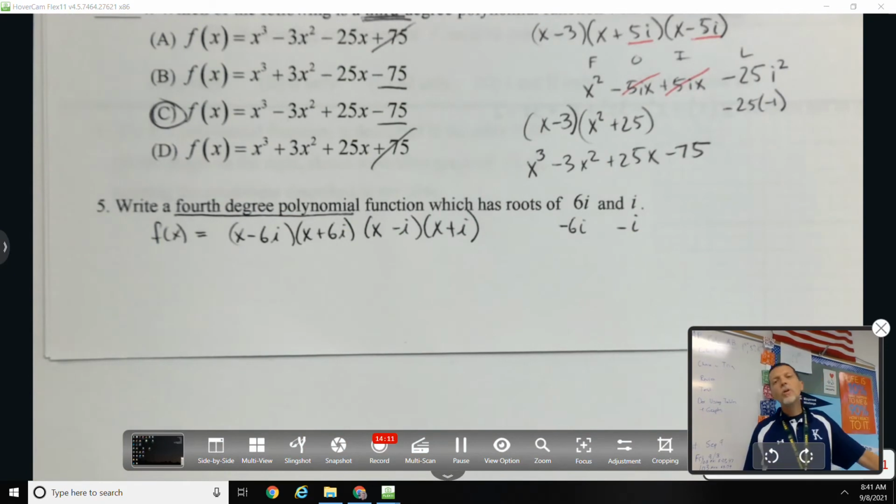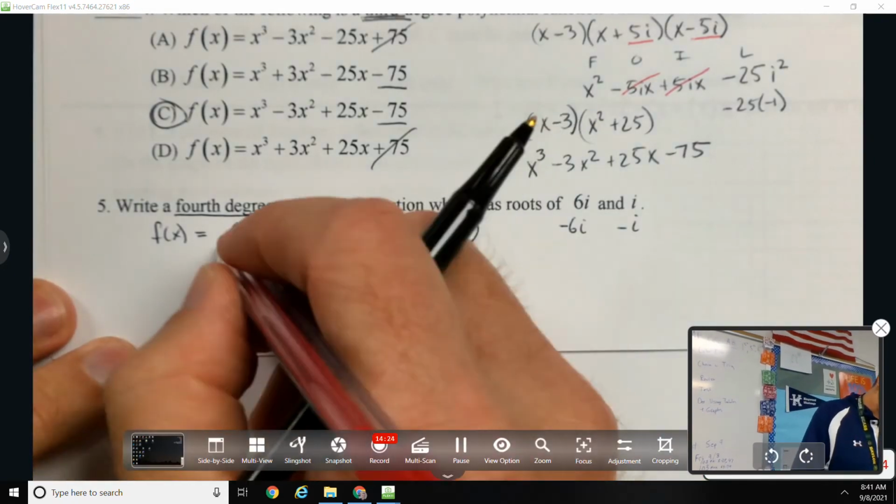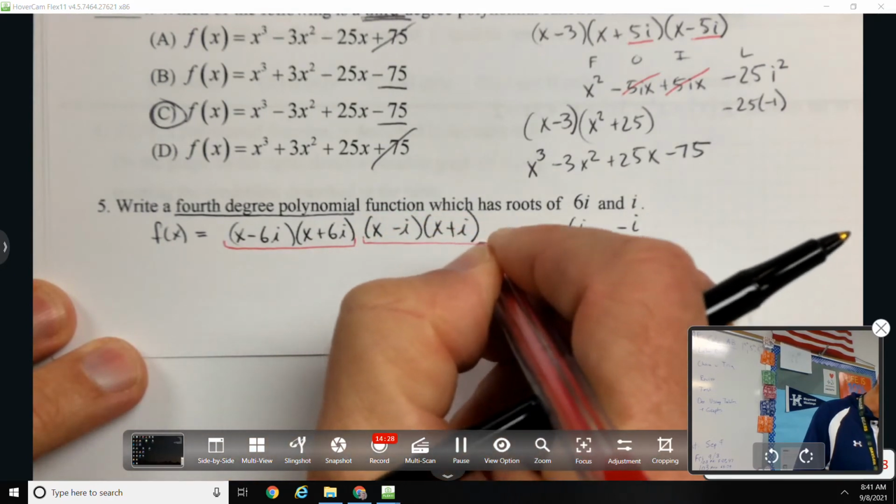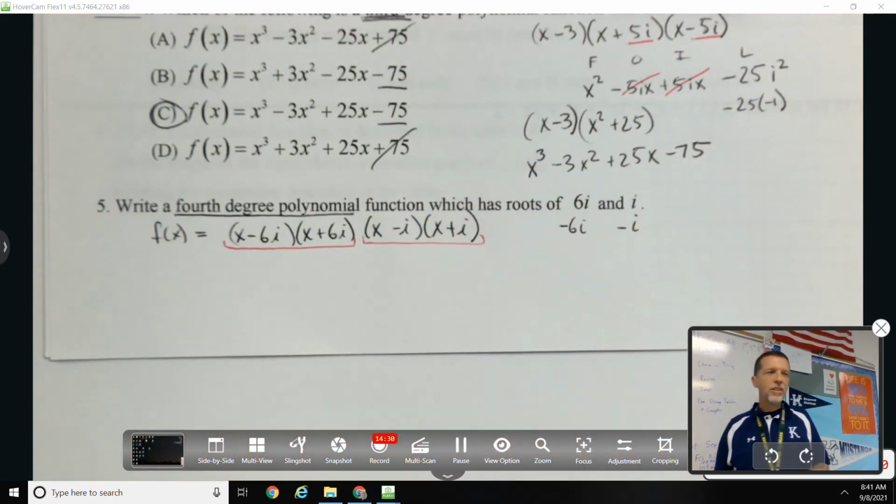Well, if we were okay with i's in factored form, that would be correct. So that's not wrong, but we want it to look like the answer to number 4 looked. So I want you to FOIL out. The order doesn't matter in terms of getting the right answer, but it does matter in terms of difficulty.